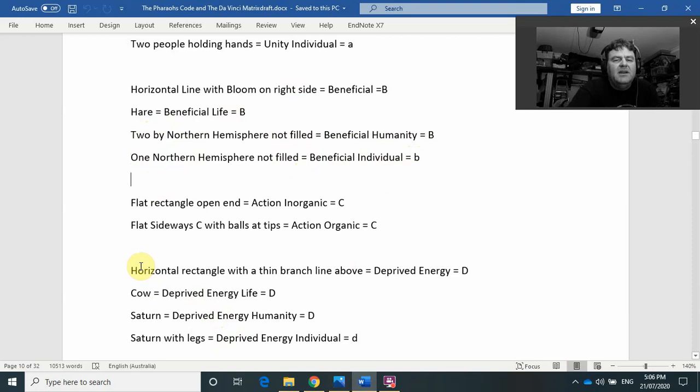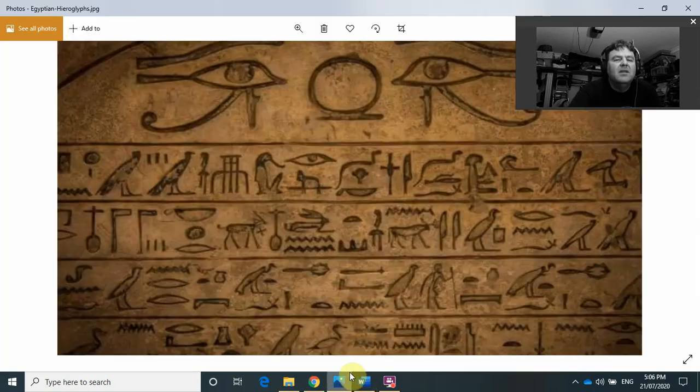And then down here with the deprived energy, the whole concept of deprived energy is separated from energy, so lacking energy. There's a horizontal rectangular line with a thin branch line above it. And this is what I believe in this artist representation.